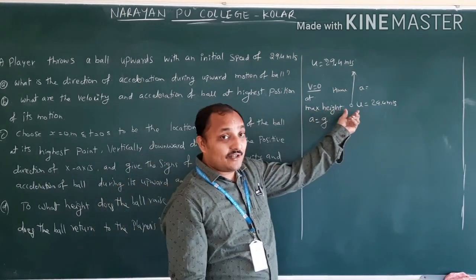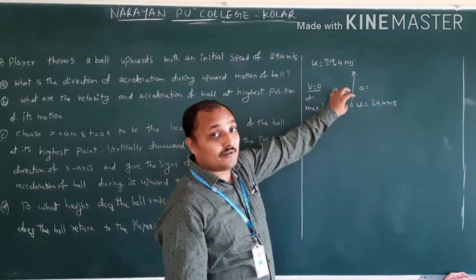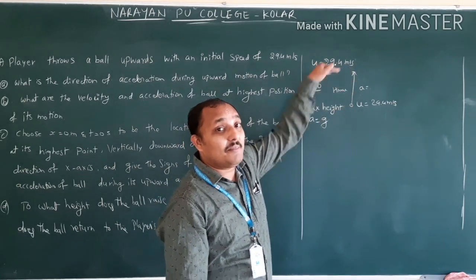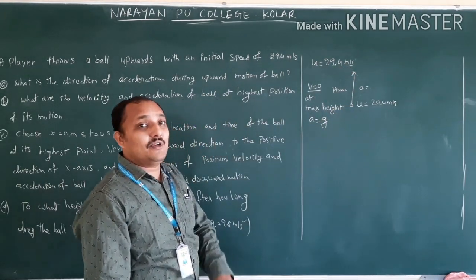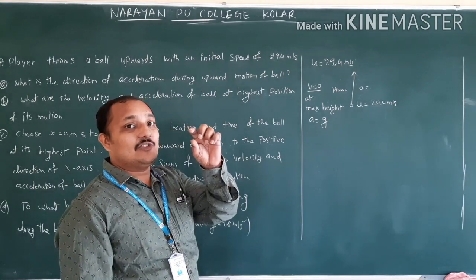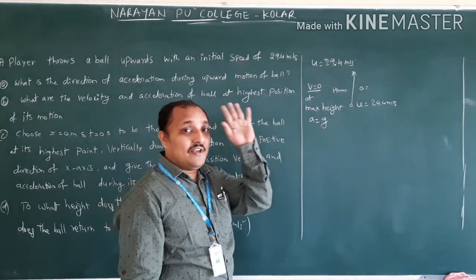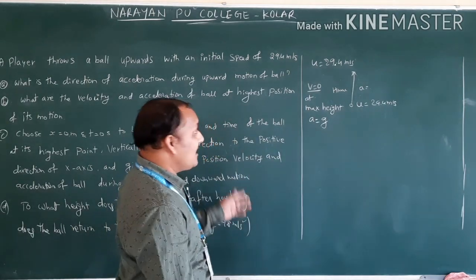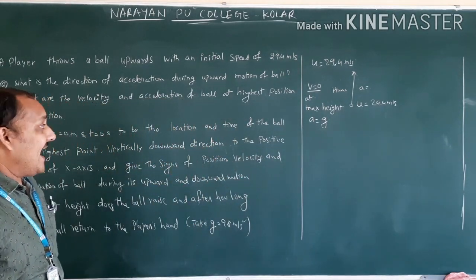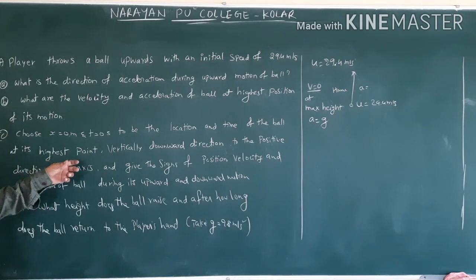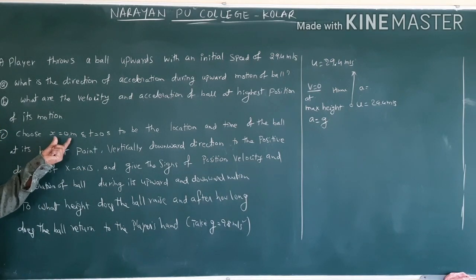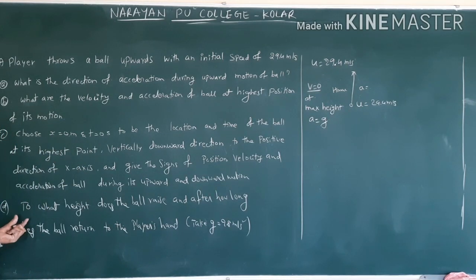But this is the point or example where velocity is 0 but acceleration is not 0. Simply you have to write the answer: at highest point of a vertically projected body, or at maximum height of a vertically projected body, velocity is 0 but acceleration is not. So see, we will be getting a little bit of confusion, so we will discuss after completion of D. See the D ones. You can only solve D.